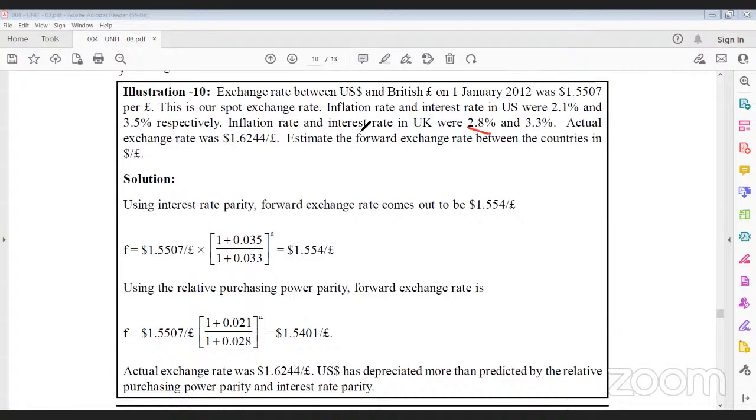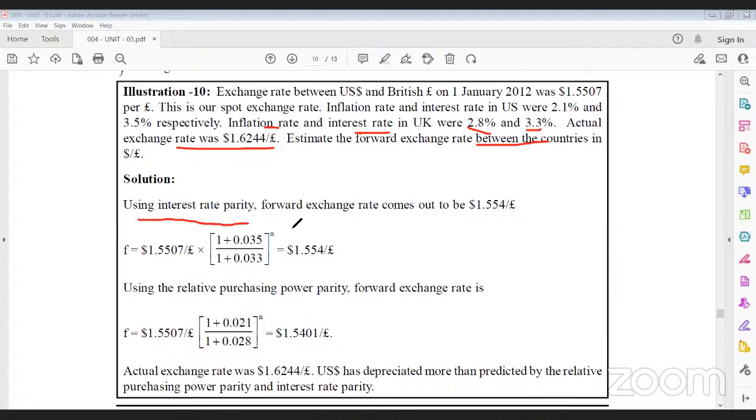Now we are supposed to estimate the forward exchange rate between these two countries, US and British.